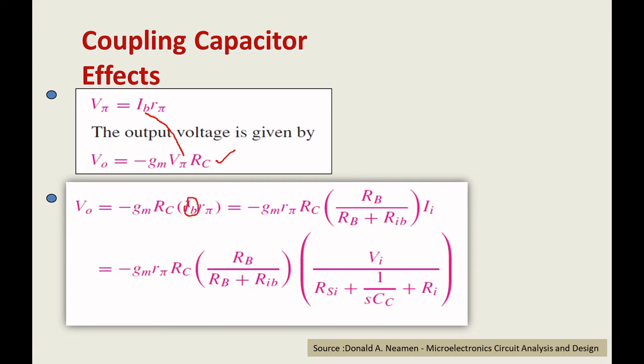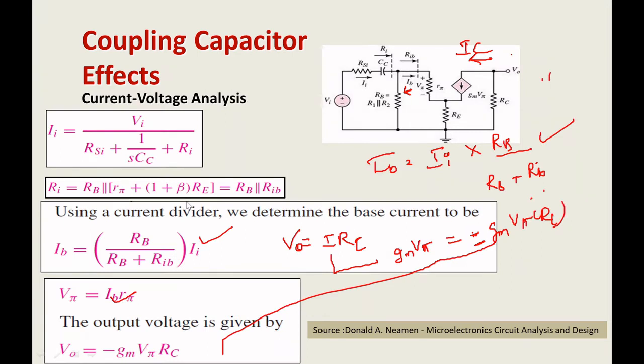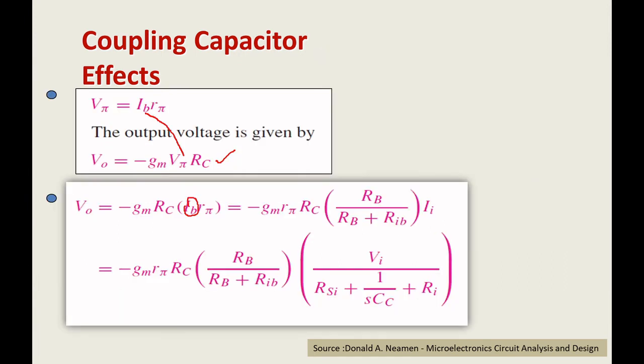IB we already defined: IB is RB divided by RB plus RIB into IA. Plugging that in, you get minus GM R pi into RC into RB divided by RB plus RIB into IA.